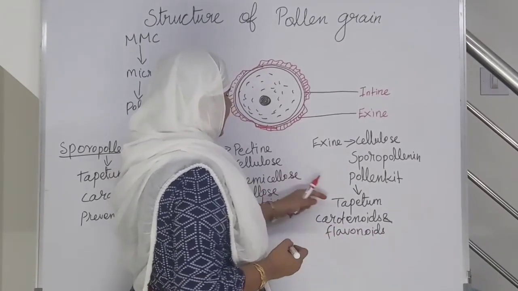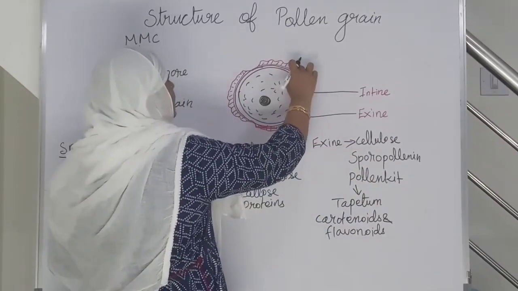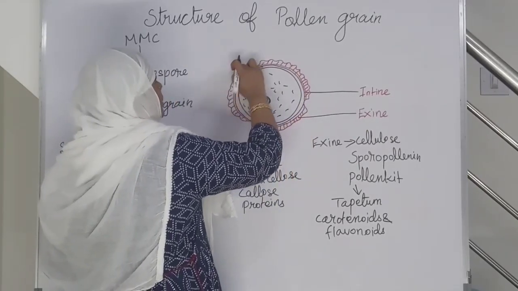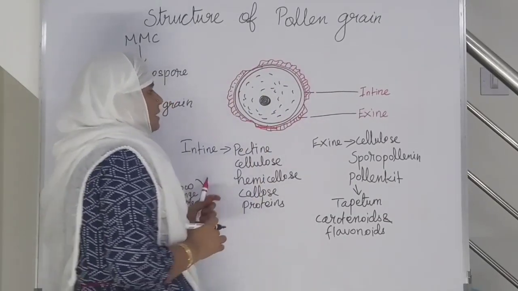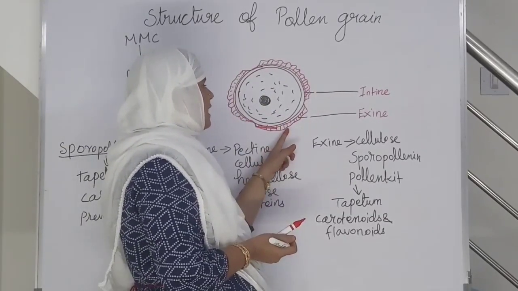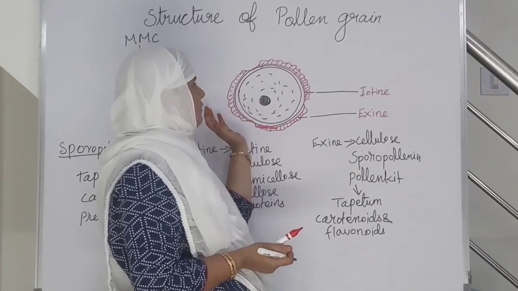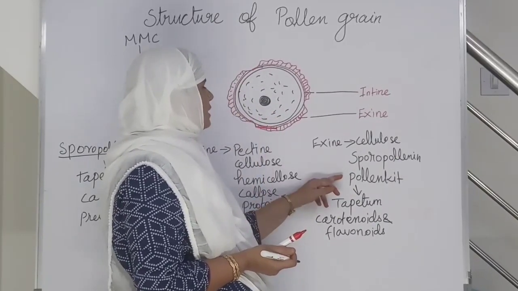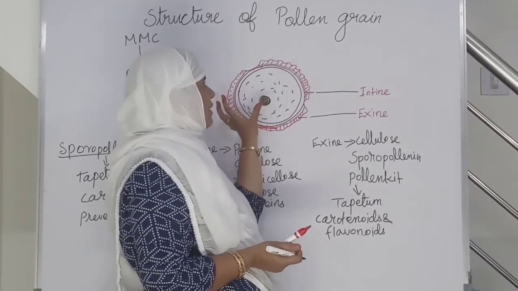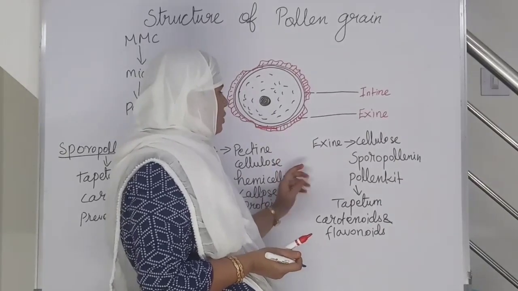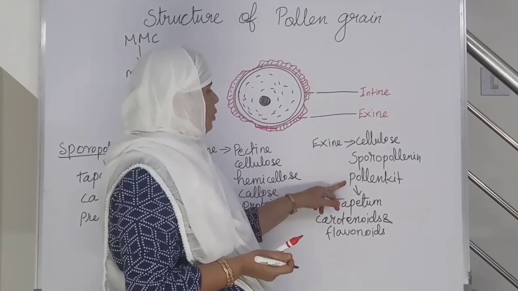And this pollen kit is an oily layer found around the pollen grain, which is sticky and viscous in nature, and it attracts the insects. For the attraction of the insects, this pollen kit is very useful, and it also prevents the damage from the UV radiation. These are the uses of this pollen kit. So we have seen the sporopollenin and the pollen kit.